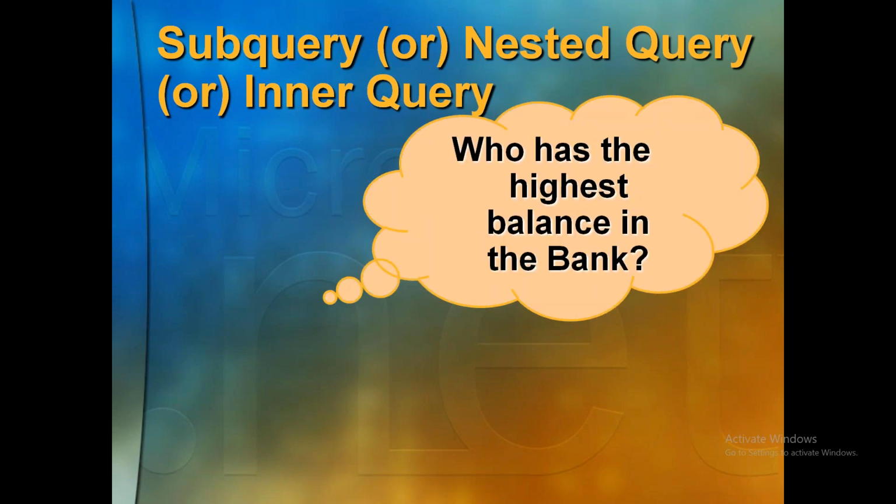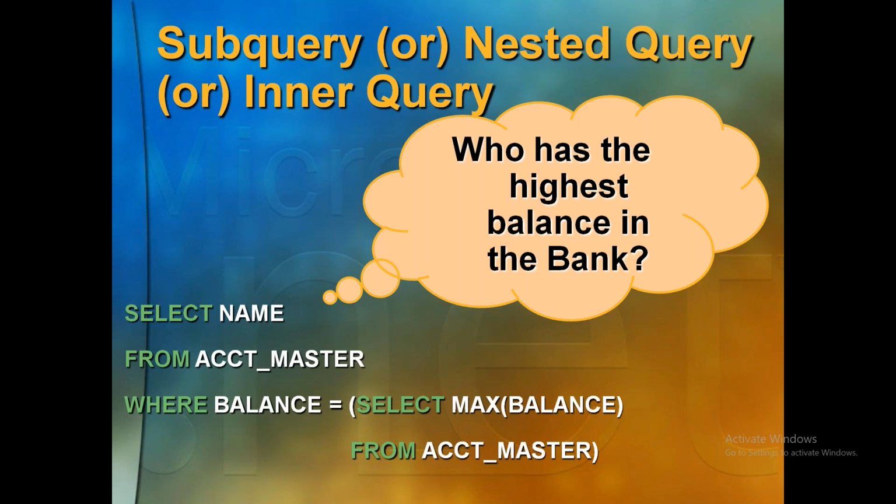Who has the highest balance in the bank? However you try this query, you will not be able to get the answer. You must write a query inside one more query. So which query will get executed first? Is it the outer query or the inner query? The inner query will get executed first, and the result will get substituted in the outer query, then finally the outer query will get executed.